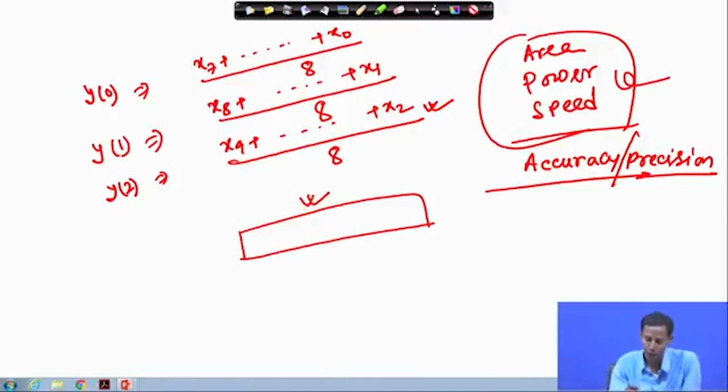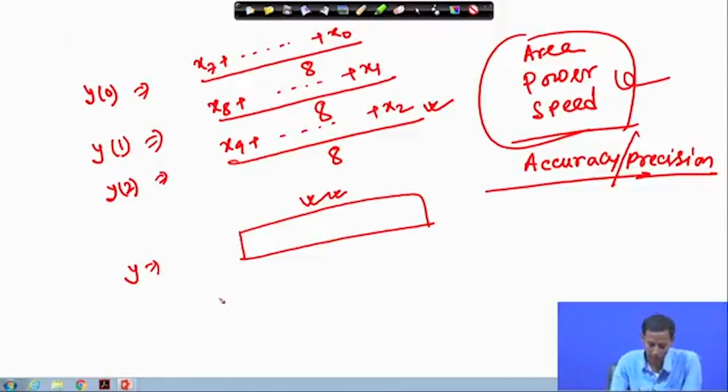Initially, we have to finalize what will be the word length of the variables or the signals. In the analog domain or in floating point, we have something like infinite precision.